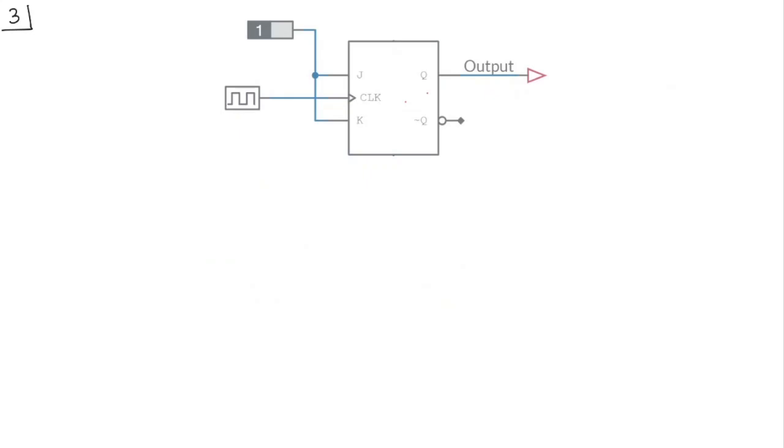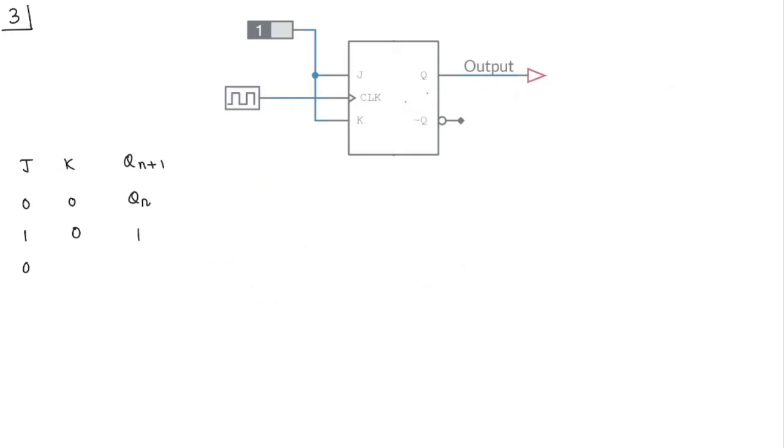Okay, so how does a JK flip-flop work? Do you remember that? So let's write J, K, and let's write Qn plus 1. If J and K are 0 and 0, the output is going to remain the same as the previous input. If J is 1 and K is 0, then you have Q equal to 1.